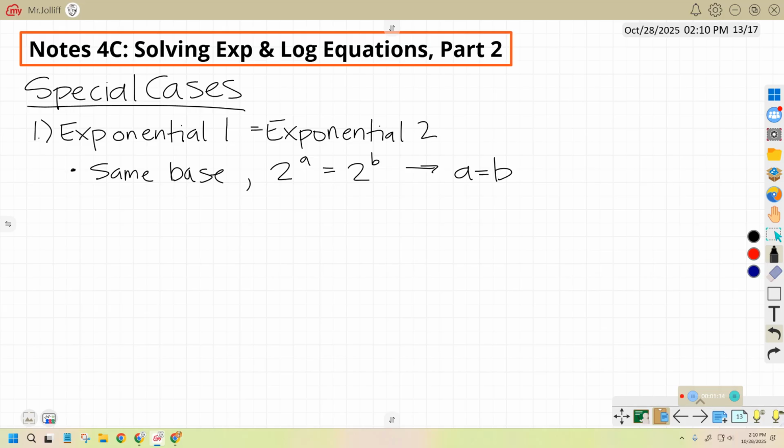So let's take a look at some examples. 2 to the x minus 1 equals 2 to the 2x minus 4.